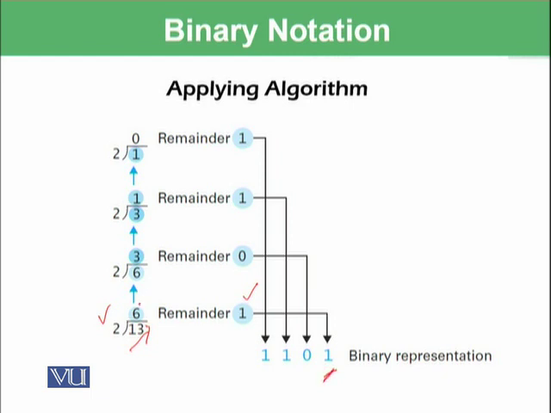Then we form 6. 2 threes are 6, we form 0, which is here. 2 ones are 2, 1 is remainder, which goes here, and this one is going upward. 2 zeros are 0, so 1 is remainder, and that one is coming here. So 1 1 0 1. This will form 13 in the binary notation.